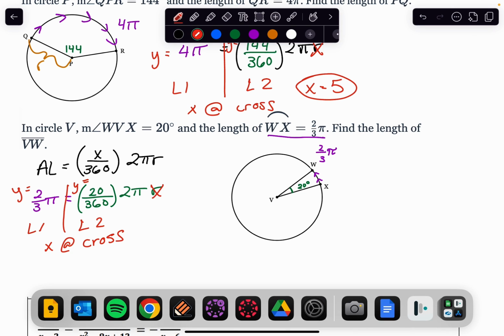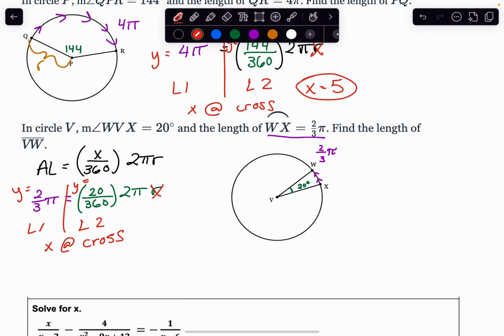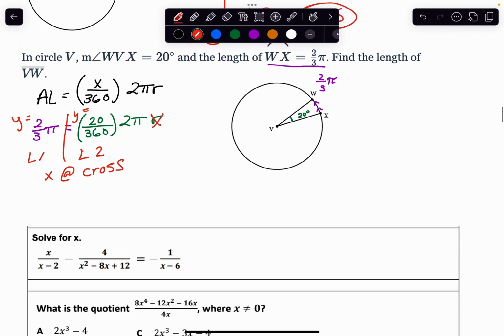So I need to type all of this into Desmos, or I can solve it by hand. So for this one, I'm going to come over here and solve it by hand. 2/3 pi equals 20 over 360 times 2 pi times the radius.